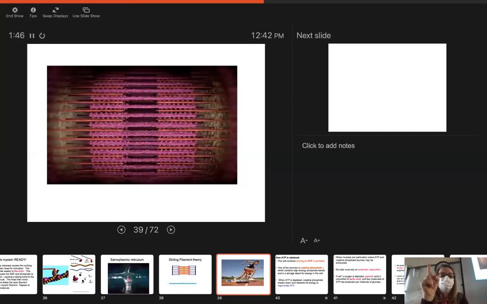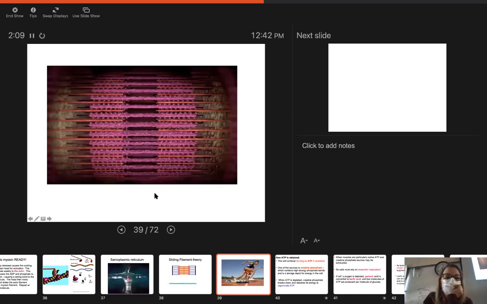But one of the questions is, explain the interaction of proteins in the sliding filament model. And people are like, I don't know. Basically, you got to get actin and myosin in there. How do they interact? Basically the myosin digs into the actin and scoots it together. It's a 7-point question, so I'm going to need a little bit more than that.